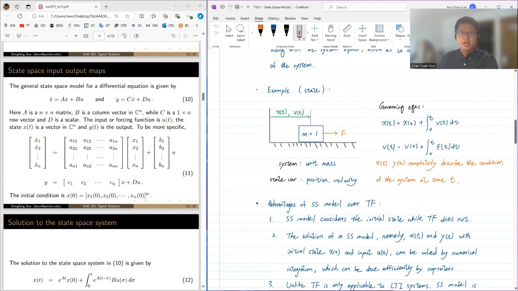In other words, it summarizes all past states and input history up to the time t. In addition, if we know the position and velocity of the mass at time t and the input force starting from time t, then we can determine the behavior of the mass at any time after t.